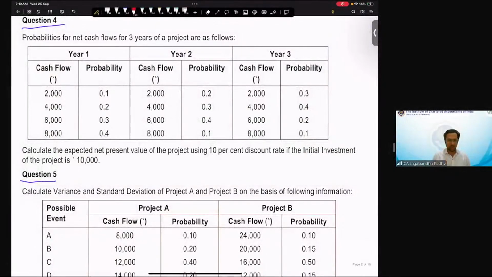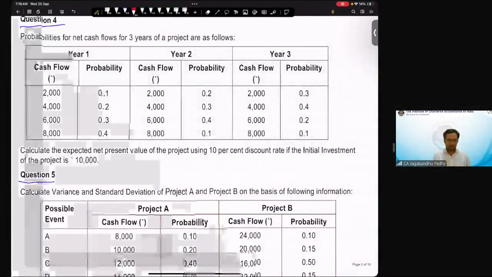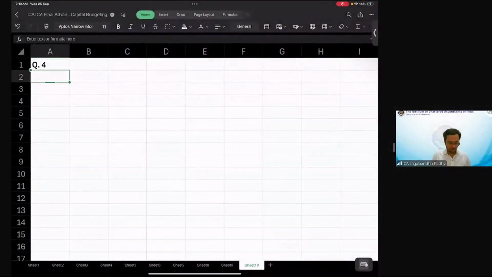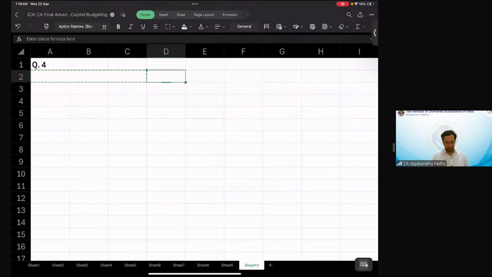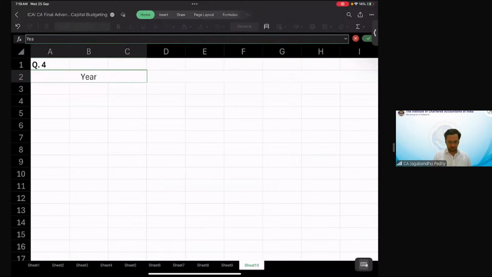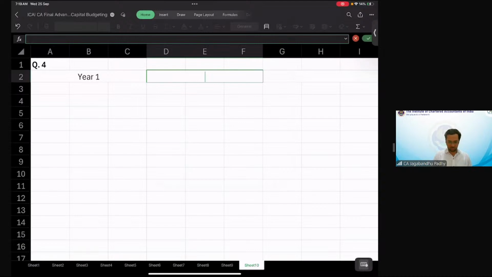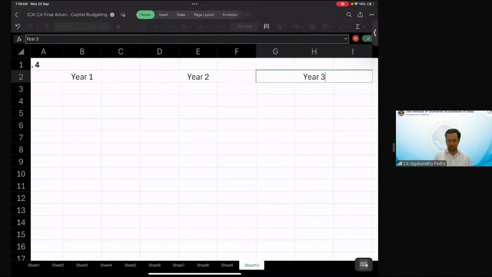Yep. So we have the data with regards to years 1, 2, and 3, in a really nice format. Yeah, 3 years. So this is the calculation for year 1. This is going to be the calculation for year 2. And this one is going to be for year 3.